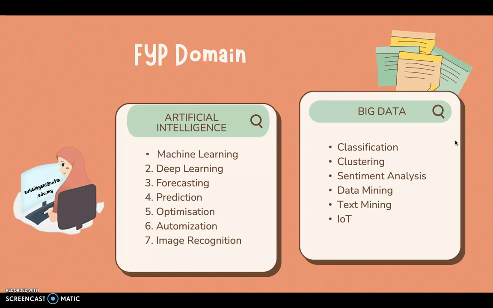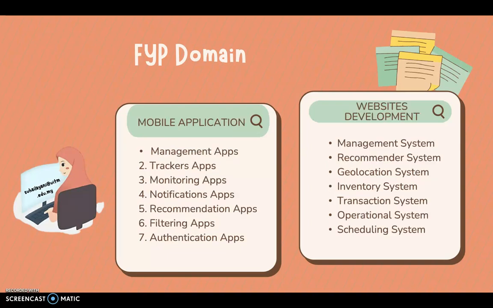So we can put the IoT inside big data and also inside the networking domain. It depends on your data and also your focus of development. If your focus of development is finding the current trends inside the data, then you can put your FYP in the big data domain.